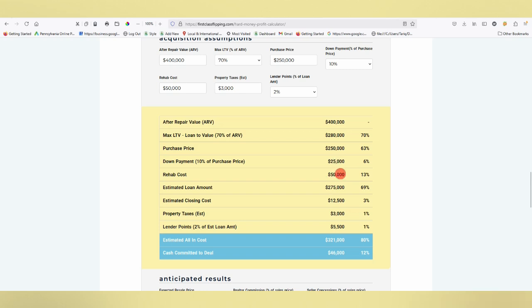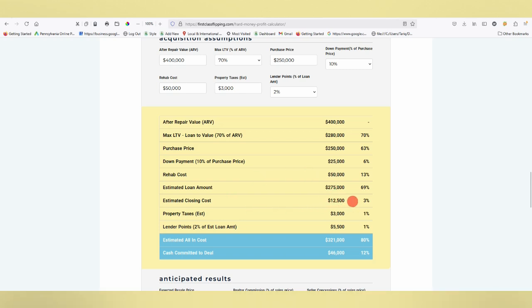You had a rehab cost of $50,000. So your estimated loan amount is $275,000. That's because you had a purchase price of 250, you put down 10%, so you subtract 25,000, which gives you 225, and then you add your 50. So you're going to get a $275,000 loan from your hard money lender.